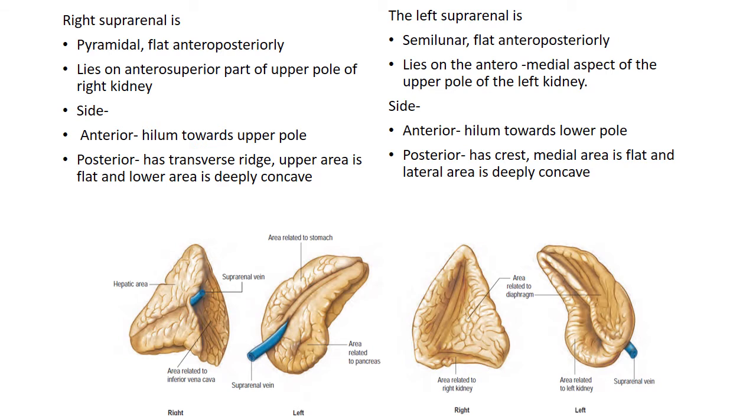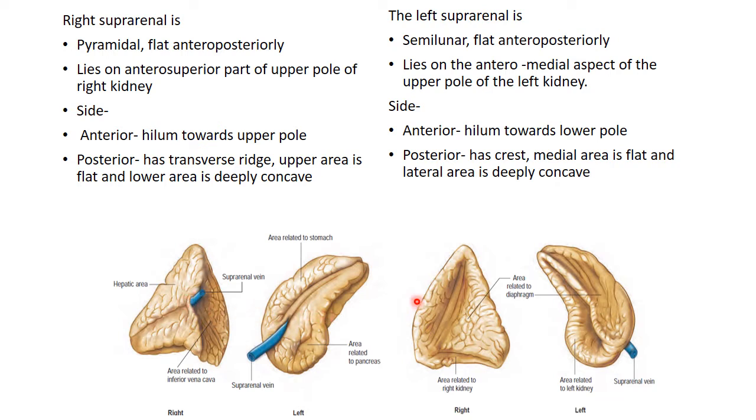Now some features of the right and left suprarenal gland. The right one is pyramidal and it is flat anteroposteriorly. This is the anterior surface of the right suprarenal, and the anterior surface of the left suprarenal. How are they different from each other? First look at the shape of the gland.